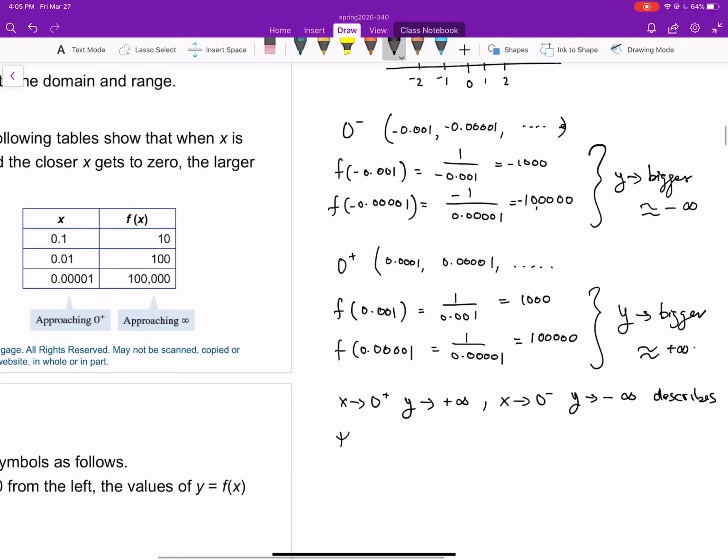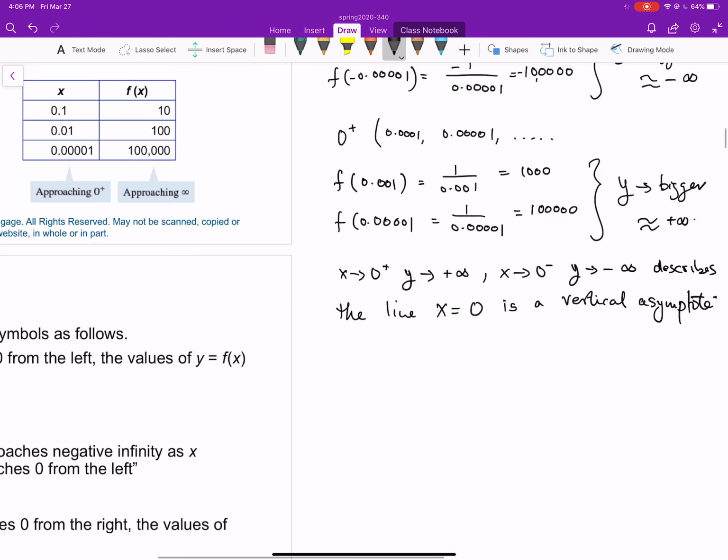This describes the line x equal to 0 as a vertical asymptote. From a graphical perspective, this is what we are saying. That I examined this location of the graph, x equal to 0. All right, right here.